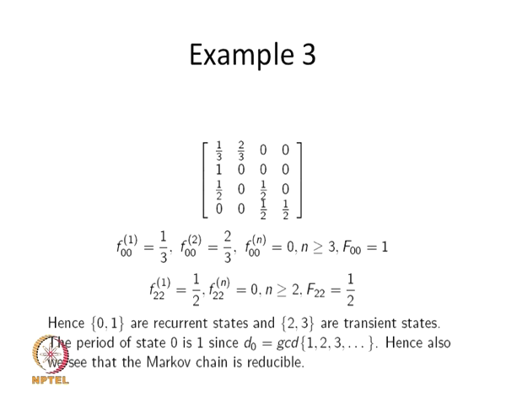Whatever we have done for the state 0, you can do for the state 1 also. So, that is also going to be 1. The period is going to be 1. Therefore, both the states 0 and 1 are positive recurrent and aperiodic states, and the other two are going to be transient states. Since the states 0 and 1 are positive recurrent as well as aperiodic, these two states are ergodic states also.